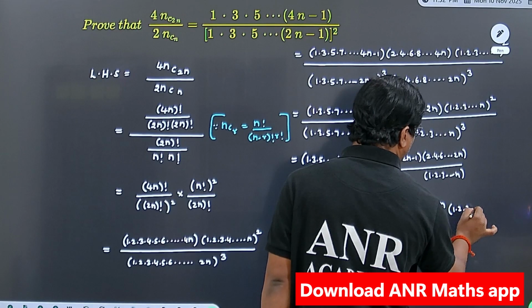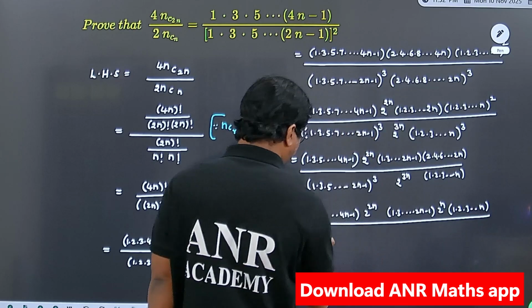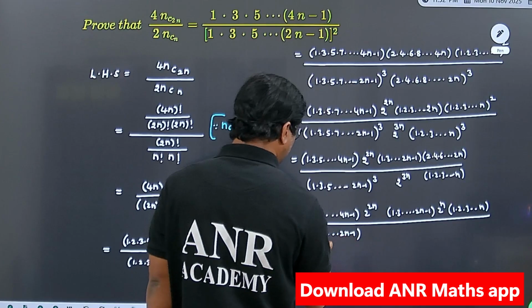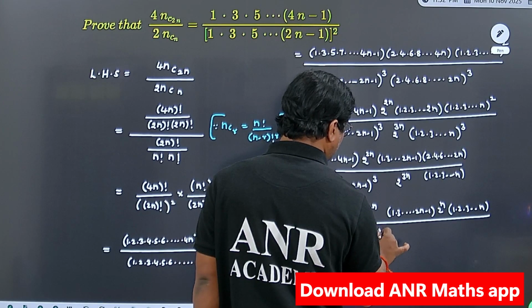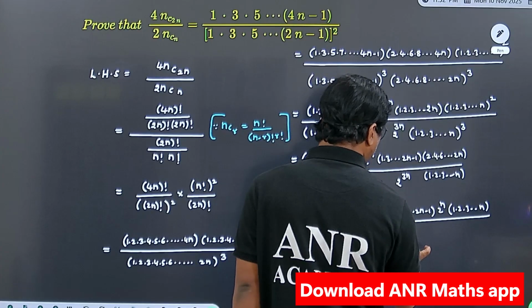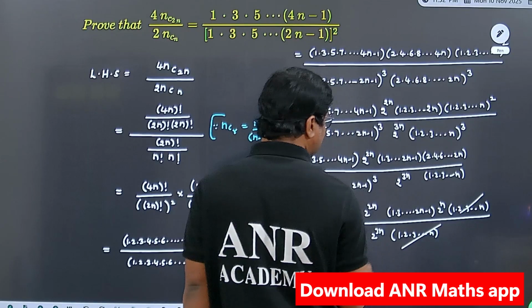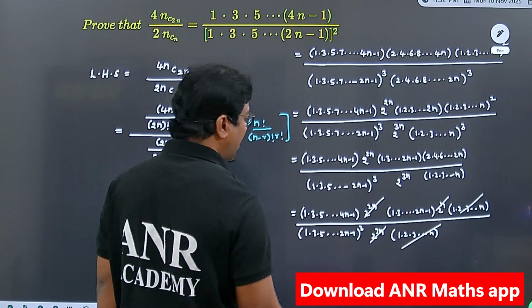Remaining 1, 2, 3 and so on n we get, whole divided by 1, 3, 5 and so on 2n minus 1 whole power 3, 2 power 3n. Remaining 1, 2, 3 and so on n. These two terms get cancelled and these terms also get cancelled.